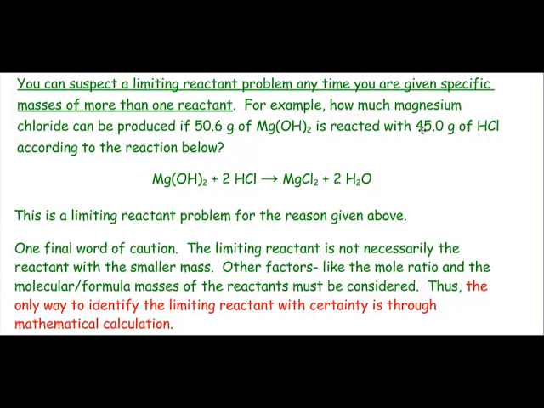Just because there's less hydrogen chloride available than magnesium hydroxide, there's no guarantee that hydrogen chloride is in fact a limiting reactant. You have to take into account other factors like the molecular and formula masses of the respective reactants, as well as the mole ratios. So be careful about that.